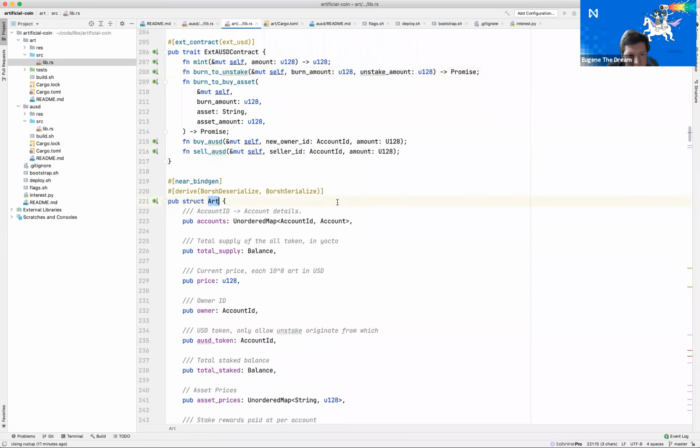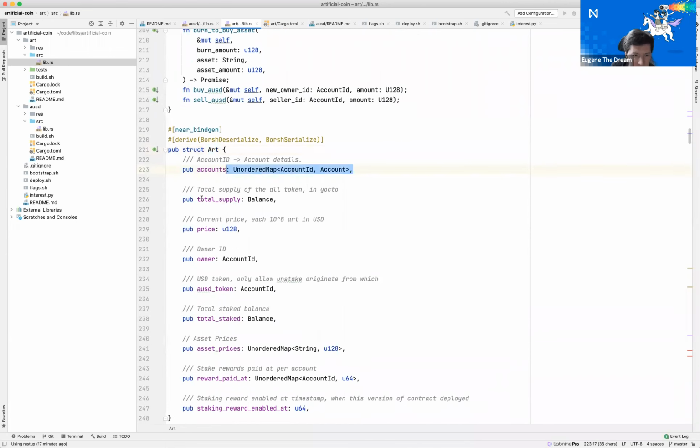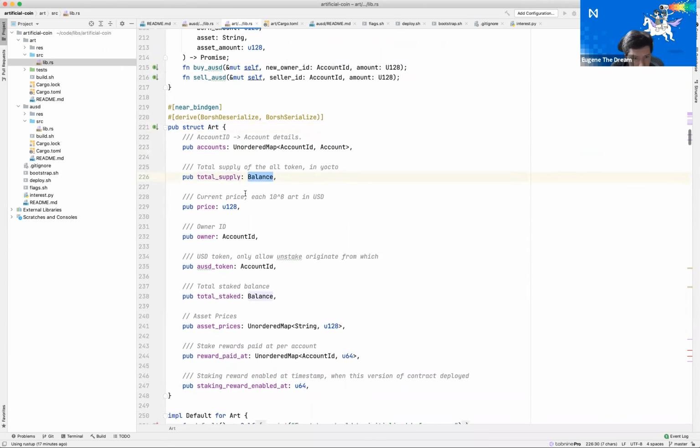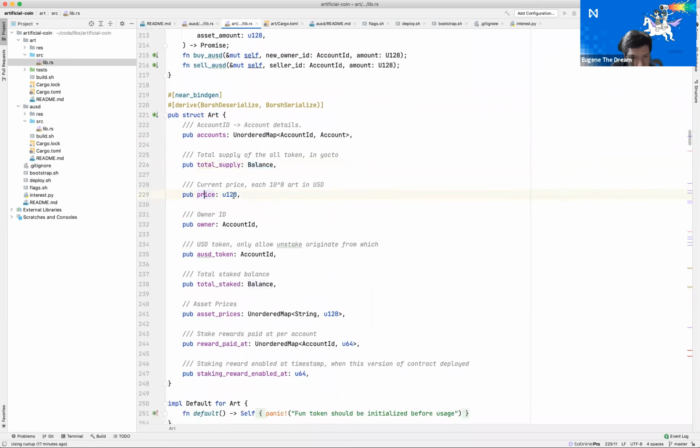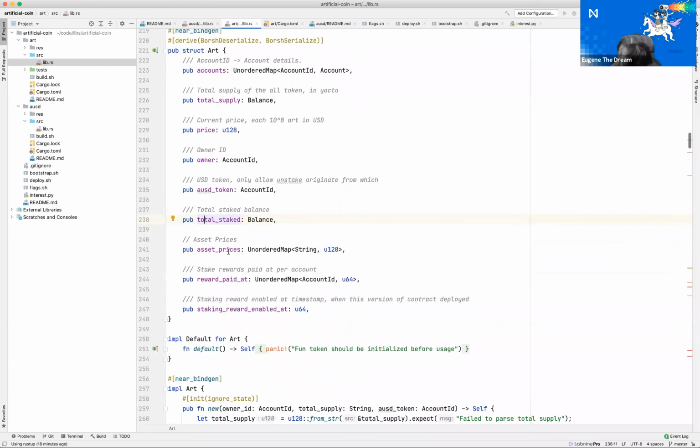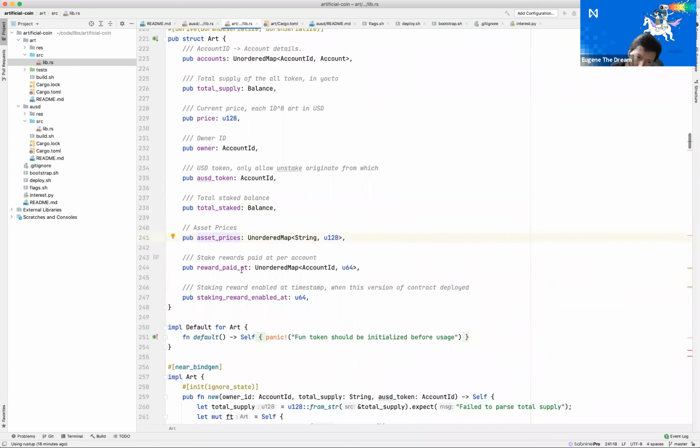And this is the main contract. So it has a list of accounts, total supply of art token, price in USD, the owner, AUSD token ID, total staked, asset prices, reward.